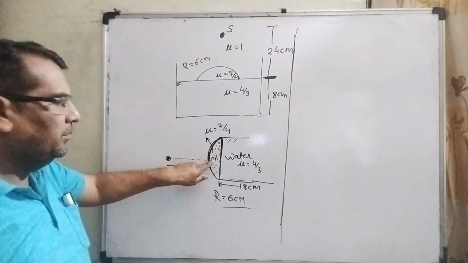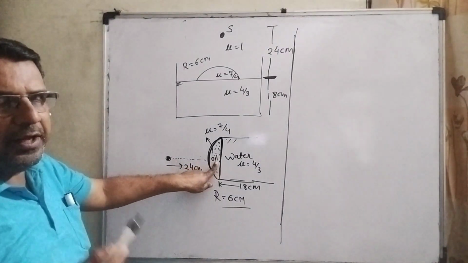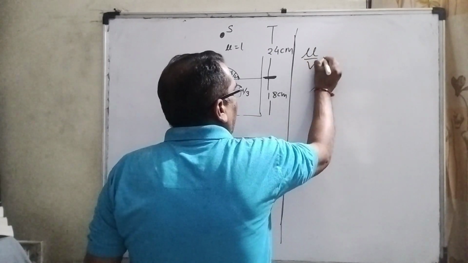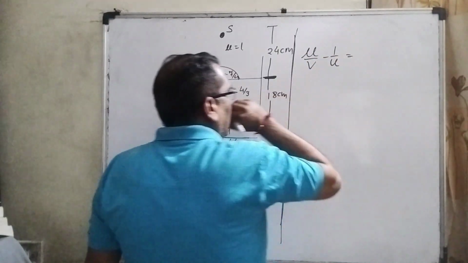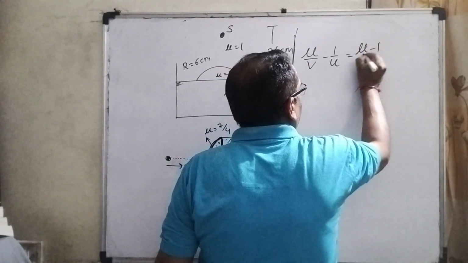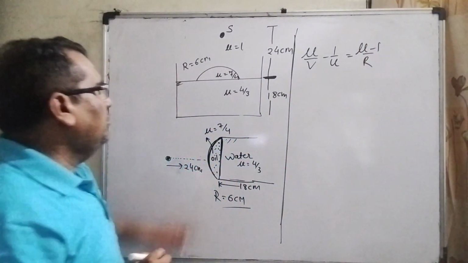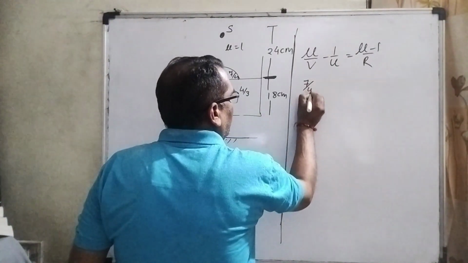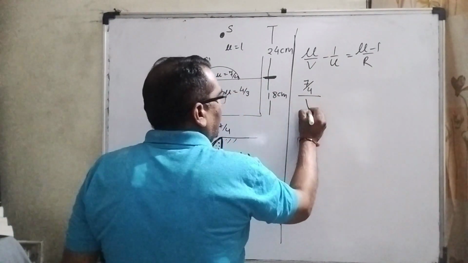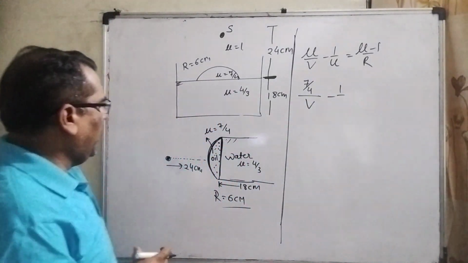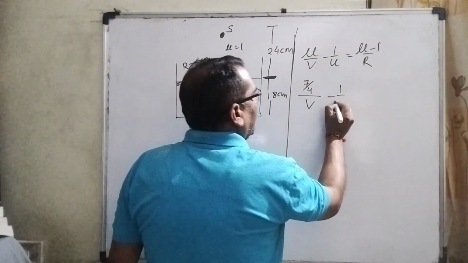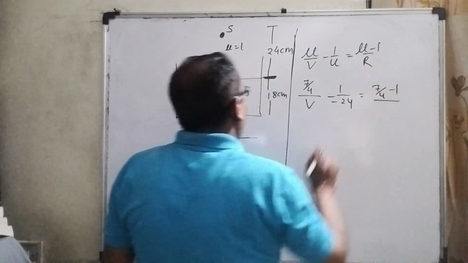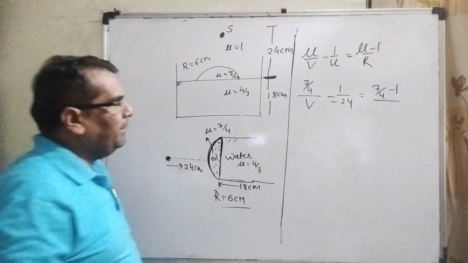First, air to oil, it means rarer to denser. Which formula do you have to use? Mu/v minus 1/u equals (mu minus 1)/R. What is mu? Mu is given as 7 by 4. So now 7 by 4v, you have to find v. What is u? u you have given as 24 centimeter, negative. And 7 by 4 minus 1 over R. What is R? R is 6 centimeter.